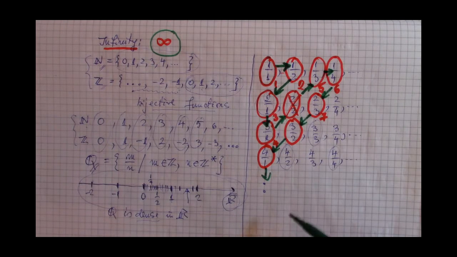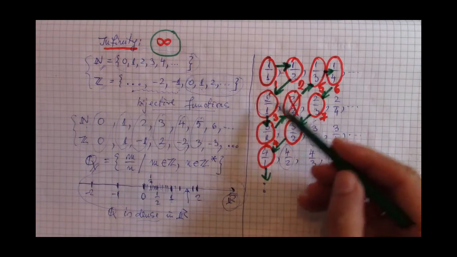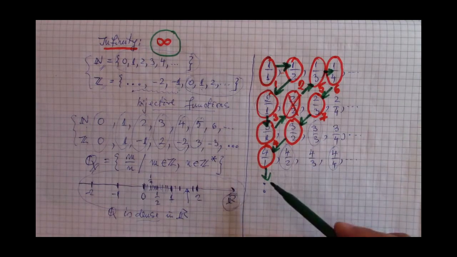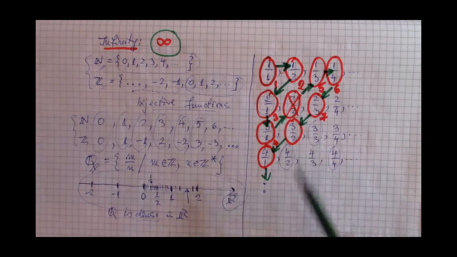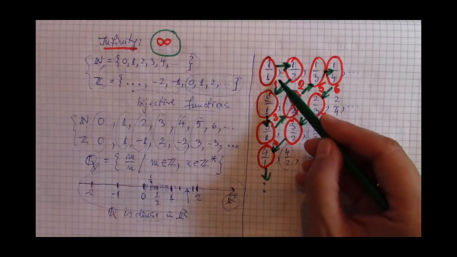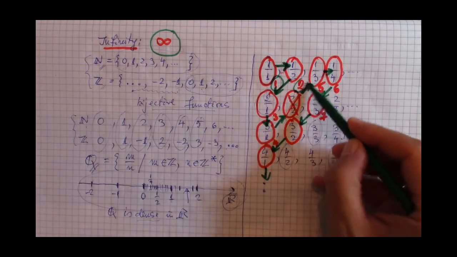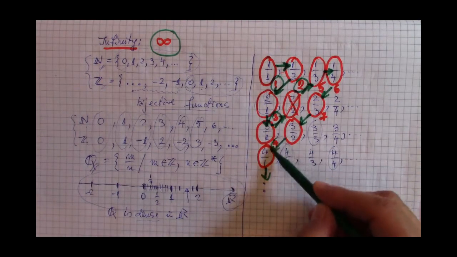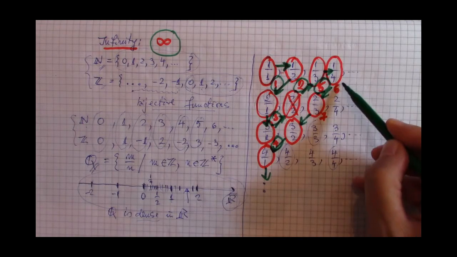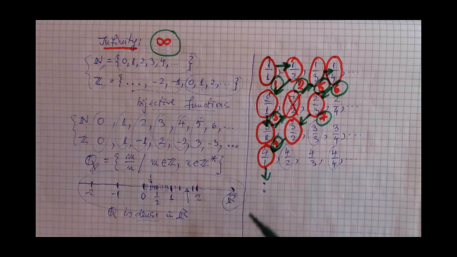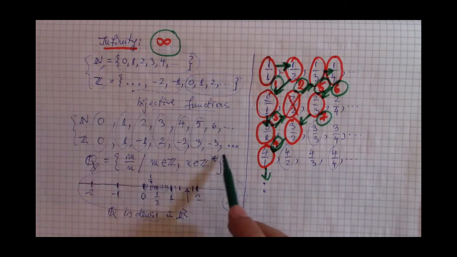So now we can see that we associated with every single rational number a different integer. Here we have 1, 2, 3, 4, 5, 6, 7, and so on and so forth. So actually, while this is a little bit more complicated than this, you'll see that the idea is the same.